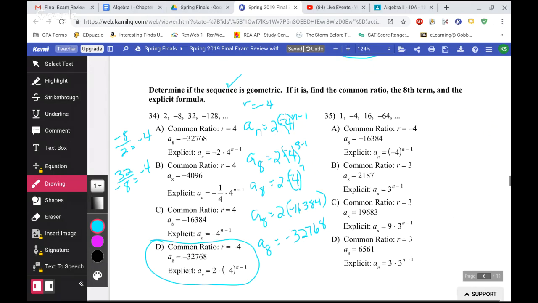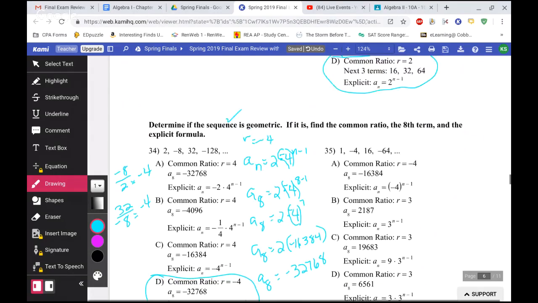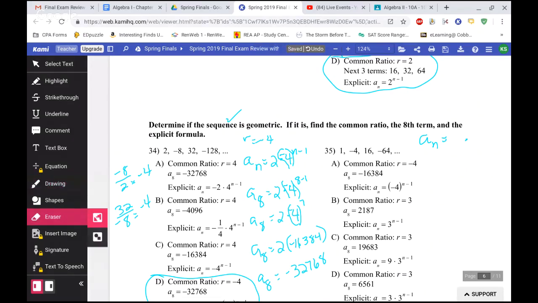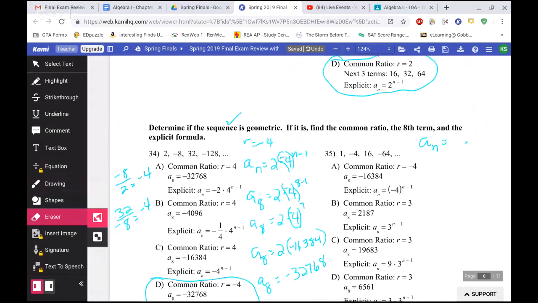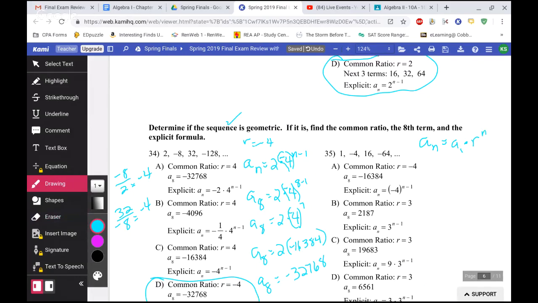Okay. The explicit formula is, you're going to be given this, okay? It's the value of the first term times the common ratio raised to n minus 1.